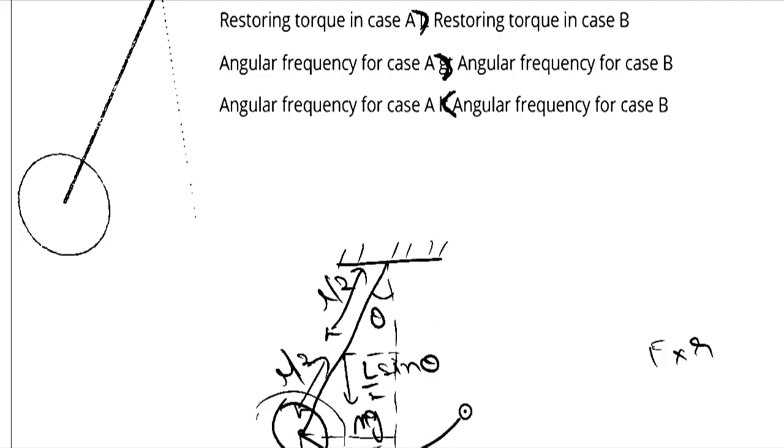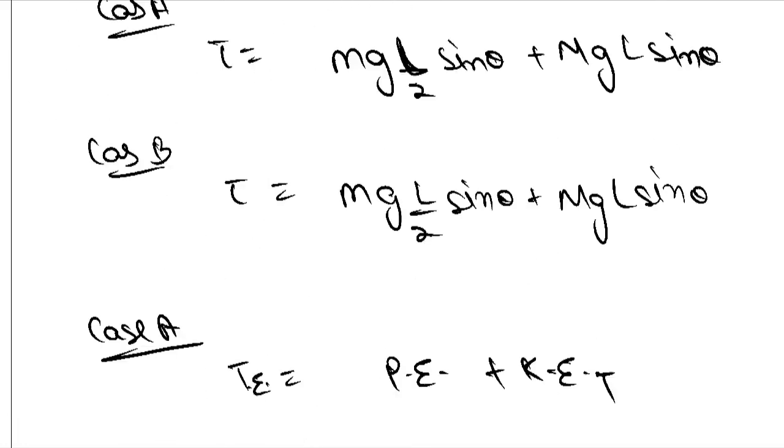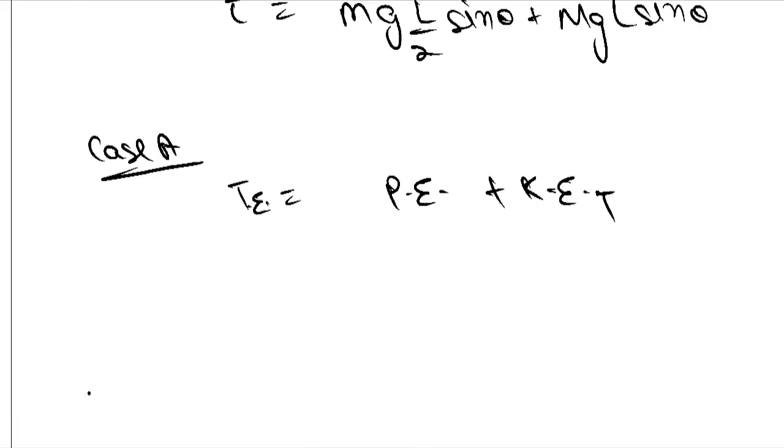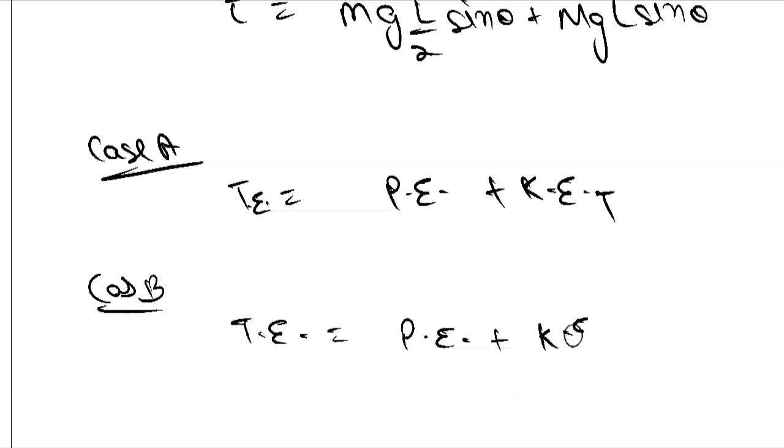In this way it performs SHM. And in case B, the total energy is equal to potential energy, which will be the same because the masses and their positions are the same, plus the kinetic energy, which is due to translation and also due to the rotation of the disk.